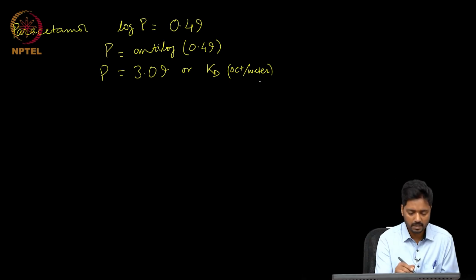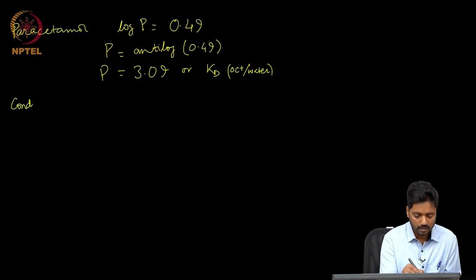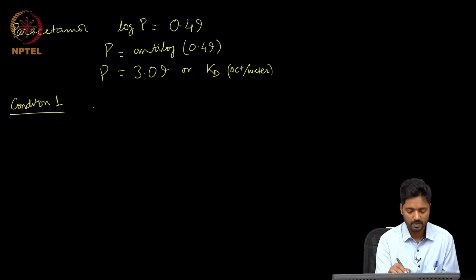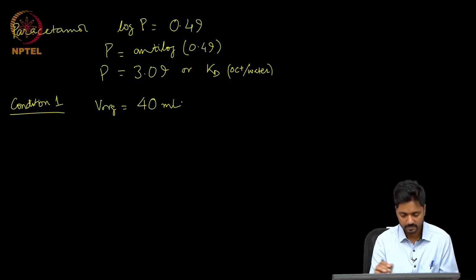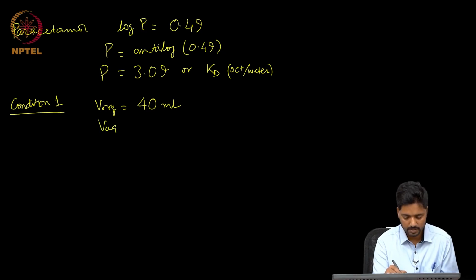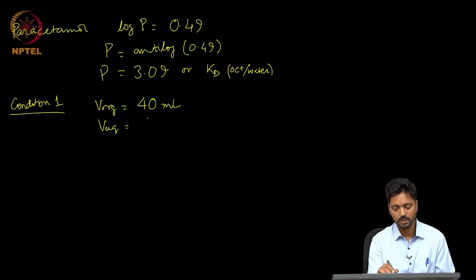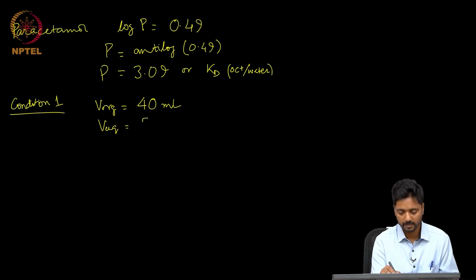So, here condition 1 tells us that we have V org equal to 40 ml and V aqueous equal to 50 ml.